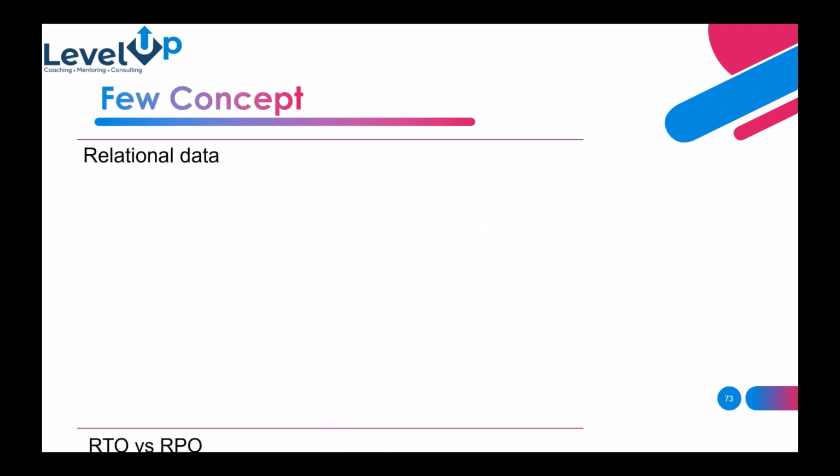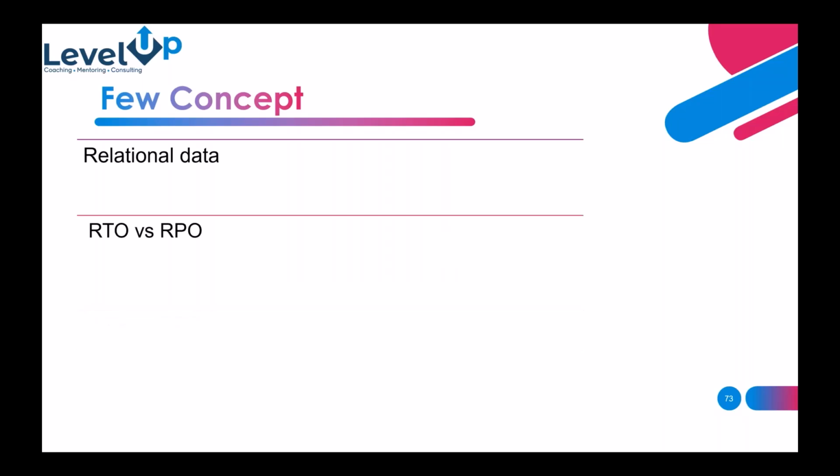Okay, now you guys know what is a relational database. We'll discuss what is relational data. We'll discuss RTO, RPO, and a simple vertical versus horizontal scaling. The reason why I put vertical versus horizontal scaling is because there are two solutions, right? One is Cloud Spanner and one more is Cloud SQL.